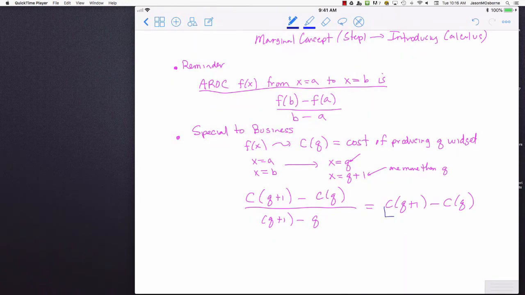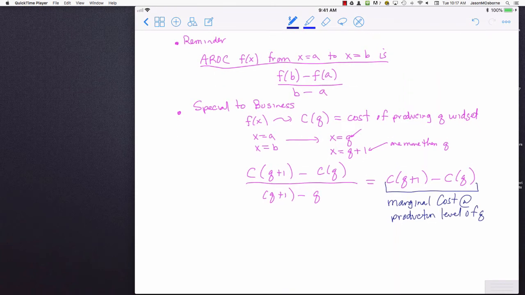Instead of calling this the average rate of change, in business you would call this the marginal cost in producing, the marginal cost at a production level of Q.